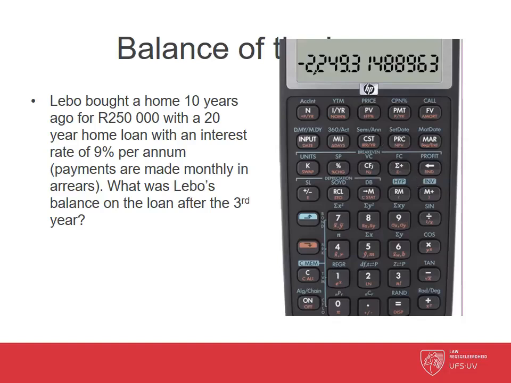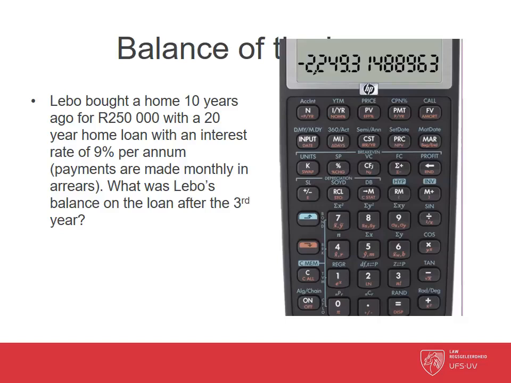Now again, we want to know what was the balance on the loan after the 3rd year. Anytime you see the word balance, interest or principal, you know that you're going to have to calculate the amortization schedule of the specific loan. The 3rd year tells me that 3 times 12 months has already passed, so that's 36.